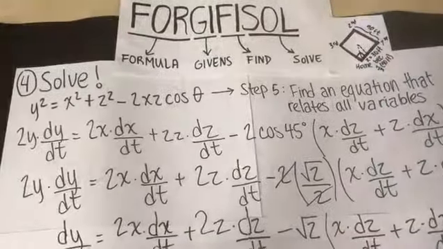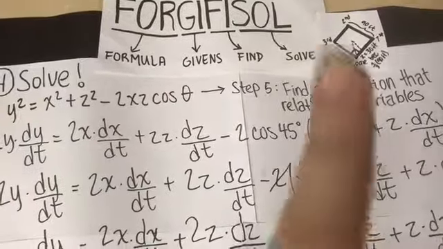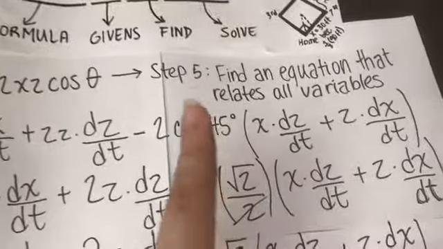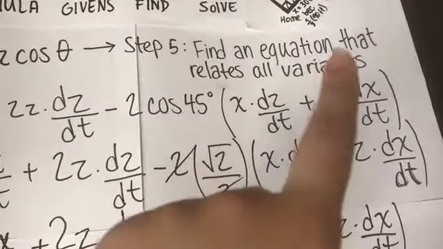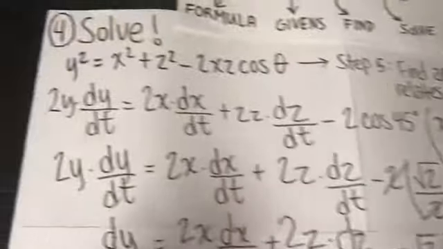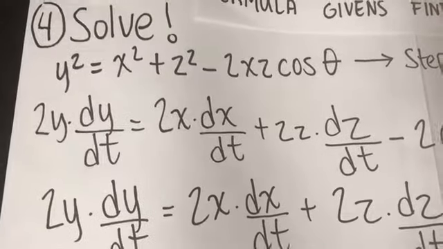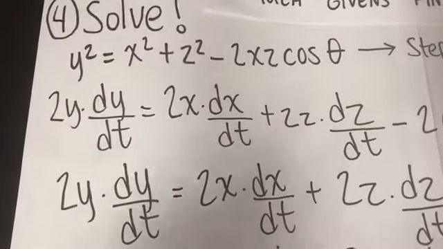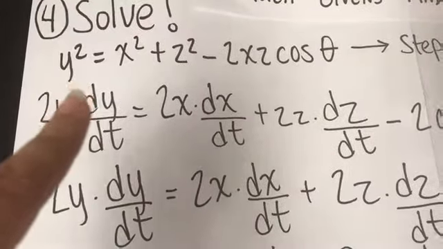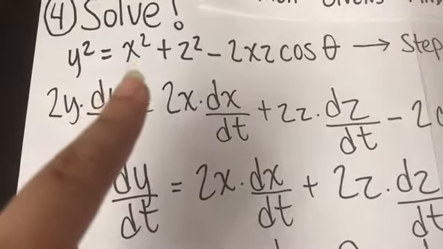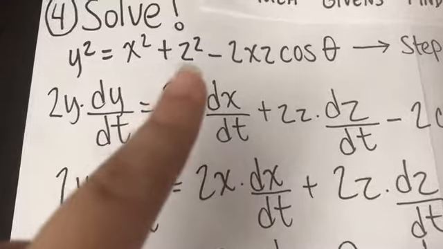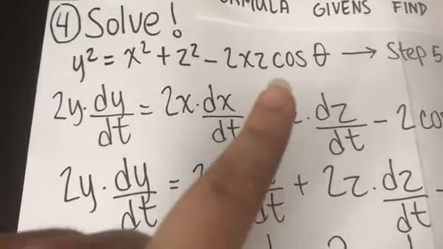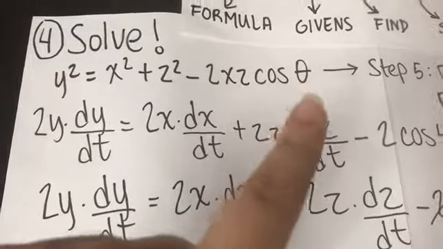And the last step of our word problem is solving the problem. Step 5 asks to find an equation that relates all variables. So we're going to use the law of cosines in order to solve this problem, which is y squared is equal to x squared plus c squared minus 2 times x times c times the cosine of theta.